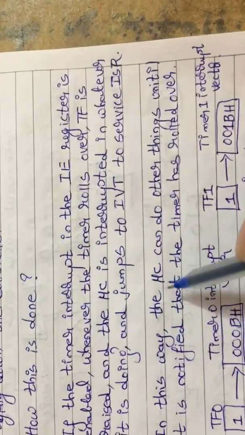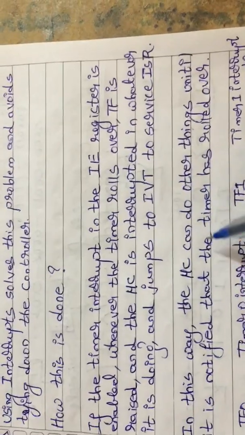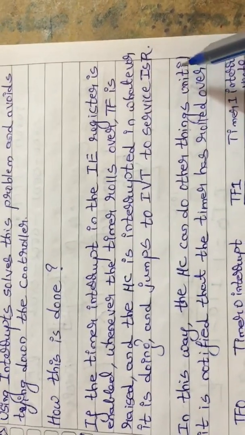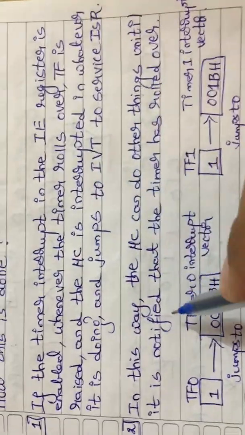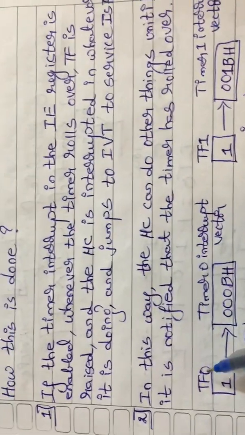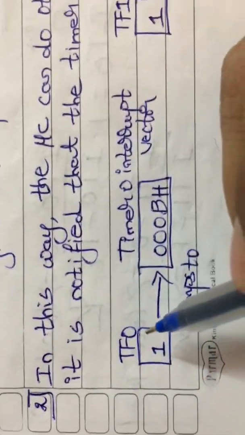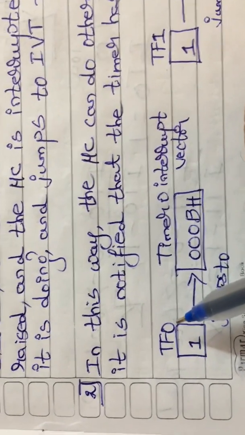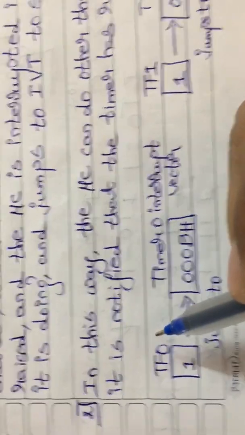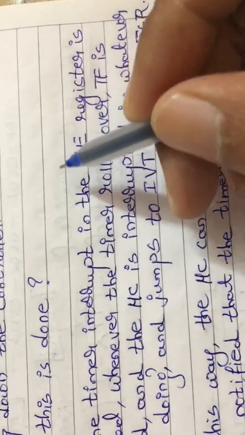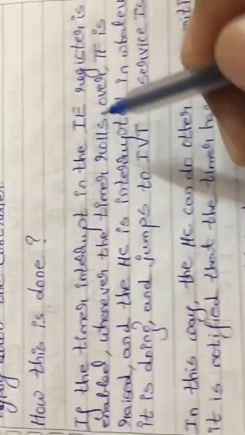In this way, the microcontroller can do other things until it is notified that the timer has rolled over. For example, if I am using timer 0 interrupt, I should make the timer 0 interrupt bit equal to 1 in the IE register.